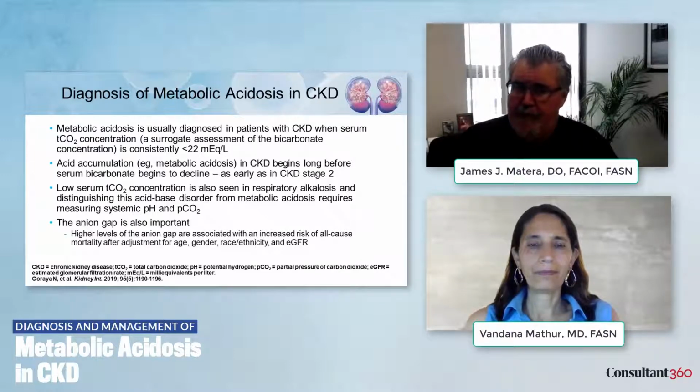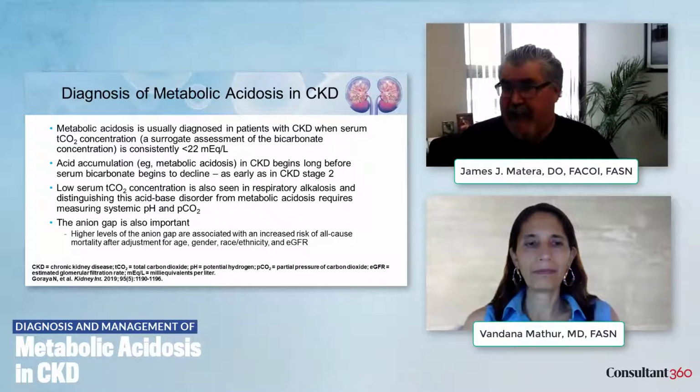We alluded to the fact that it could be a high anion gap or a non-anion gap acidosis, but higher levels of the anion gap are associated with an increased risk of all-cause mortality after we adjust for variables including age, gender, race and ethnicity, and the estimated GFR. So the anion gap does play an important role, and again, it is one of the banes of the medical student's existence.